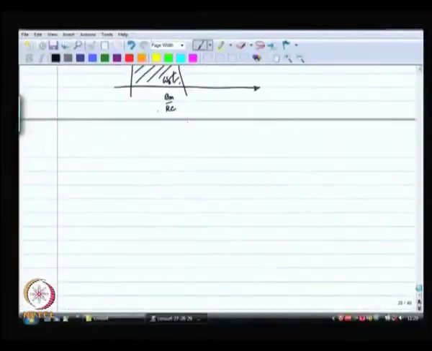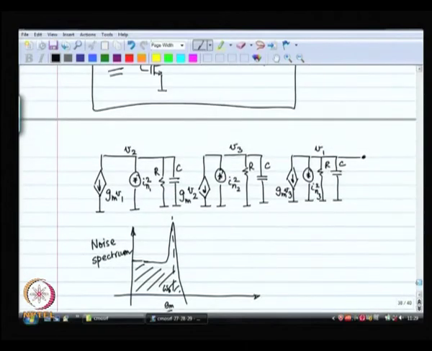Over here qualitatively, if you look at it, this is not an LC circuit, this is an RC circuit that you are using. RC circuit does not have band pass characteristics, it has low pass characteristics. So, noise will be allowed right through from frequencies starting at DC.